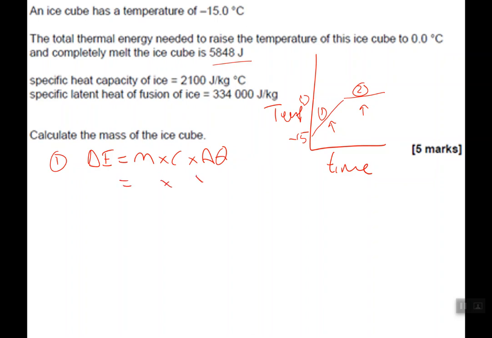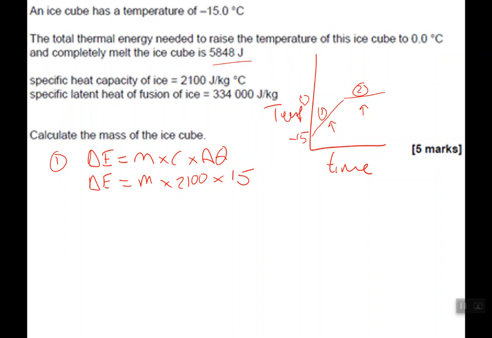Let's fill in the gaps. So the mass of this, we don't know what it is, so let's just call it M. The specific heat capacity of ice is 2,100. And the change in temperature was from minus 15 to 0, so that is 15 degrees Celsius. So the amount of energy required to do that is M times 2,100 times 15.